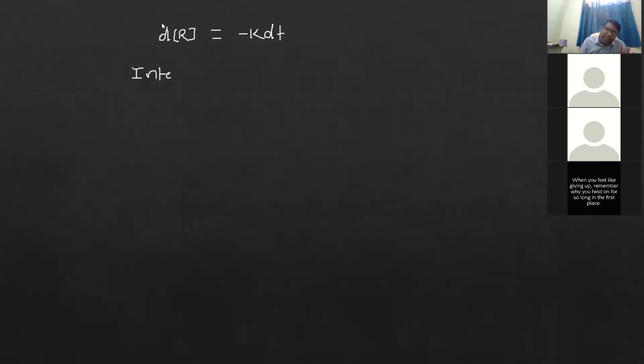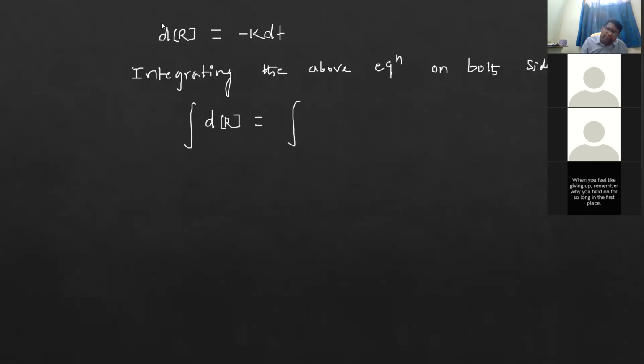Integration, this is a mathematical formula. Integrating the above equation on both sides, the integral of d[R] is equal to the integral of minus K into dt. This is the symbol for integration.